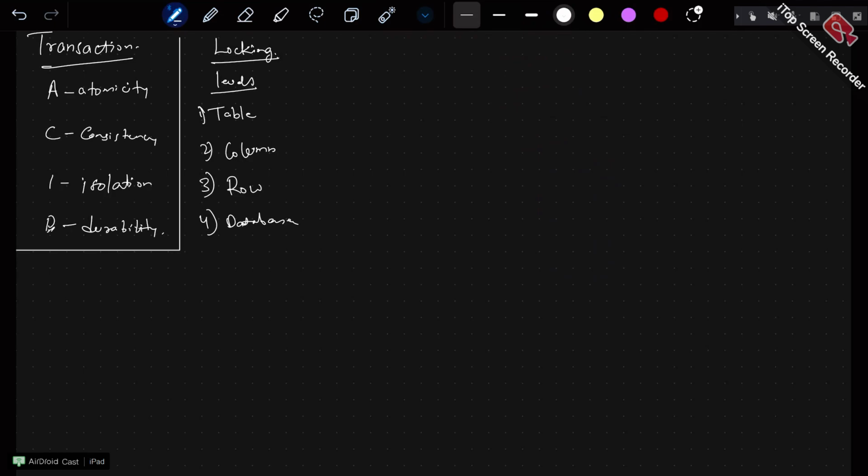Whenever you have a multi-threaded environment, or whenever you have multiple people updating the same resource, writing onto or reading the same resource, performing some kind of update, then only locking will come in. Otherwise there is no use of a lock. If there is a single thread, why would you use a lock? Because only a single thread is there, with no interference by anyone.